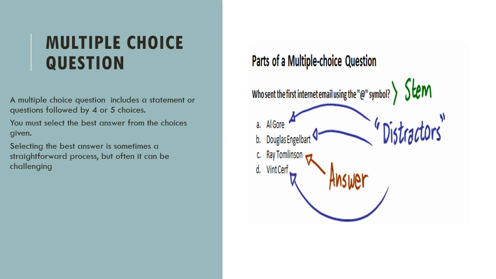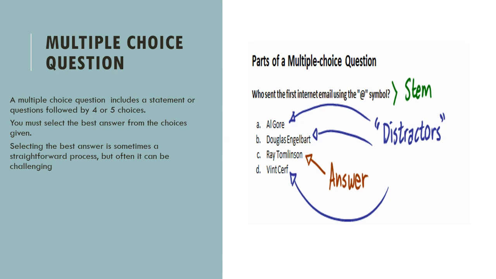Multiple choice questions are also used for high order modules, right? And if you look at your multiple choice question, I just want to show you the anatomy of a multiple choice question. You're not going to be tested on these terms in your exams, but it's important for you to know what they are. First, you'll have a question or a statement like this, and we call it a stem. Who sent the first internet email using the @ symbol?